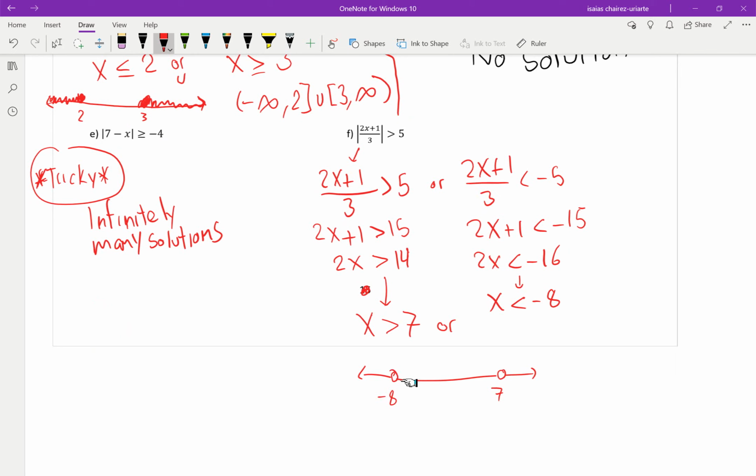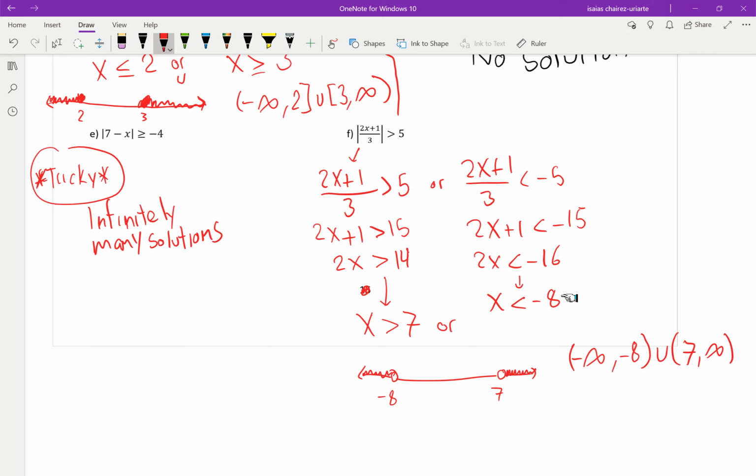And so this inequality, x is bigger than 7, says that it's all the values to the right of 7. X's that are less than negative 8, that's all the things left of negative 8. And the interval notation here would be negative infinity to negative 8 with a parentheses, union 7 to positive infinity.